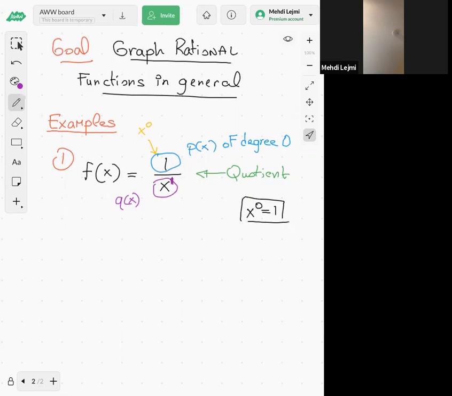So q of x has degree 1. So we have a quotient of polynomials: in the top a polynomial of degree 0, and in the denominator a polynomial of degree 1. So f of x is a rational function because it's a quotient of polynomials.